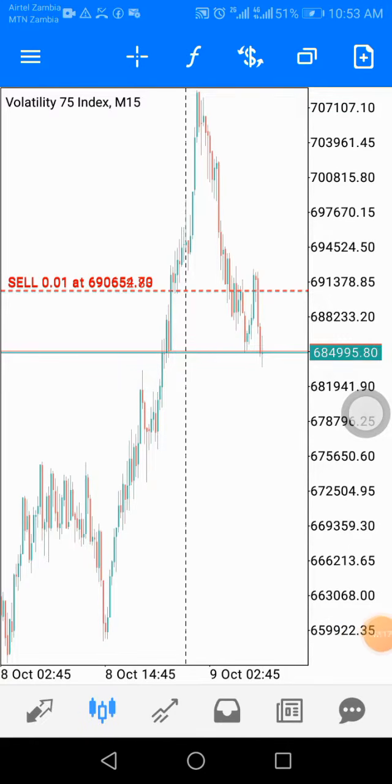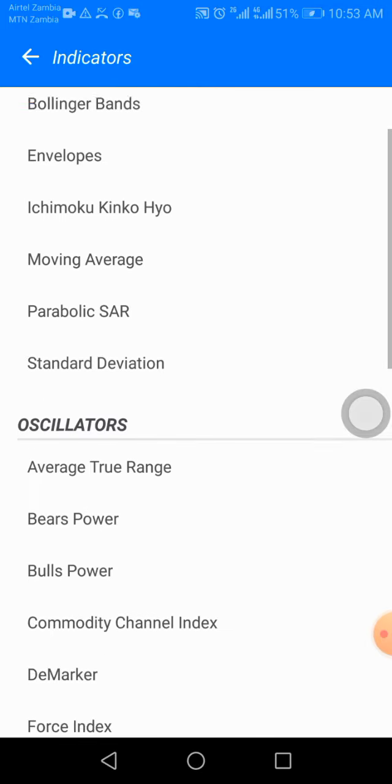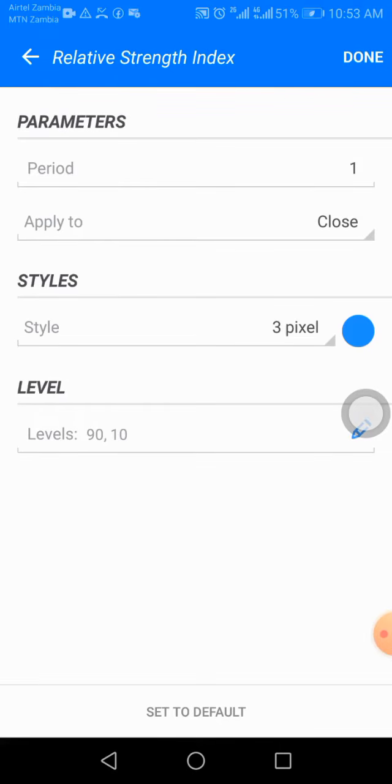Okay, so now I'm going to show you guys the kind of indicators that you need to use if you want to use and profit from this strategy that I'm about to teach you. So the first indicator you're going to need is the RSI indicator, the relative strength index, like this. And then on the period, we're simply going to leave it like this.